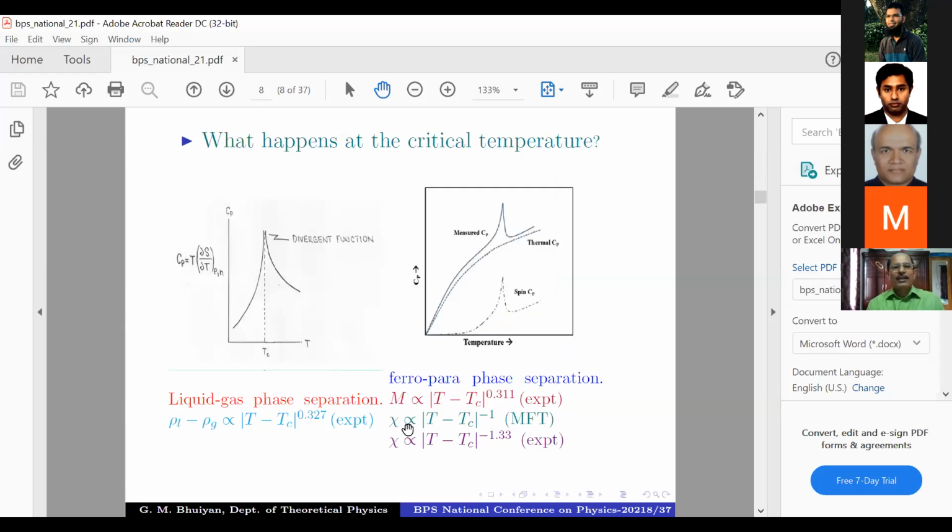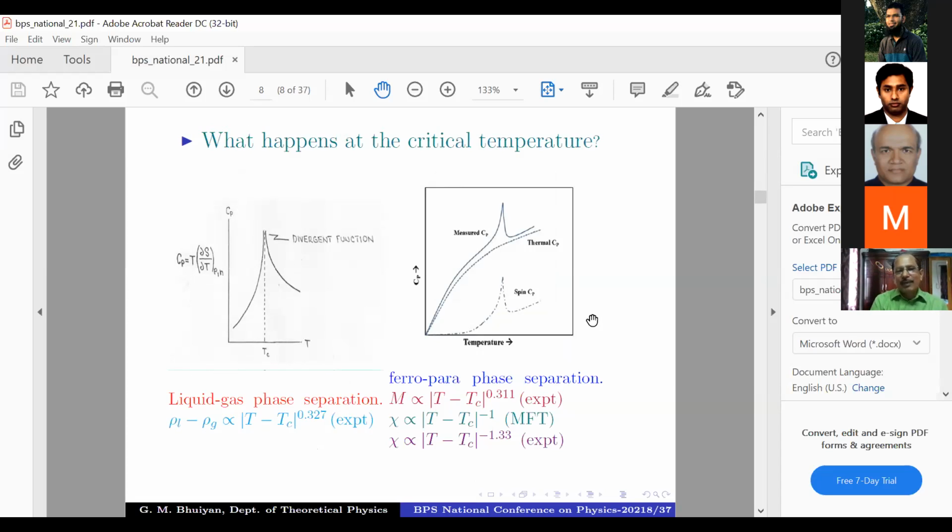the specific heat at constant pressure, for the liquid-gas phase transition, we see that the specific heat increases, and it diverges at the critical temperature, Tc.